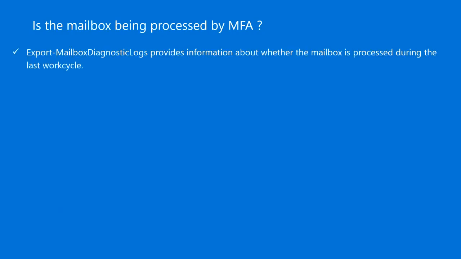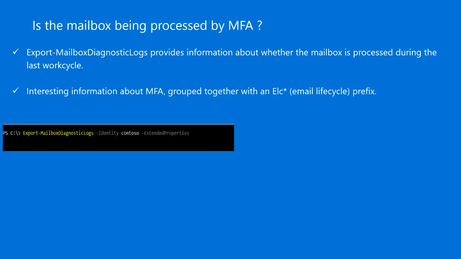Now, how do you identify if a mailbox has been processed by MFA? You can use Export-MailboxDiagnosticLogs. There are two components involved, which we'll talk about. The first one is your extended properties. When you run this cmdlet, Export-MailboxDiagnosticLogs for a specific mailbox with extended properties, it is going to list all the information about what happened when MFA tried to process the mailbox during the last attempt.